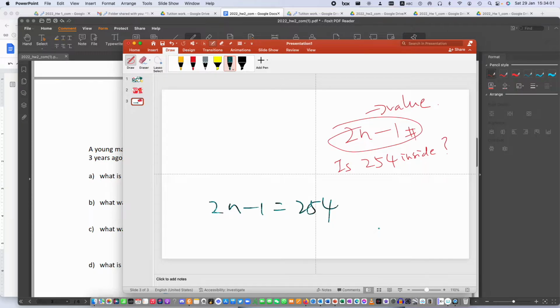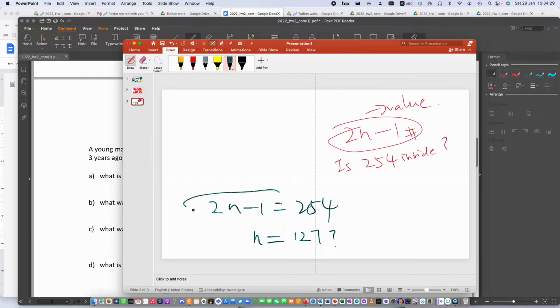So what's your n? Use your calculator to speed up. So your n equals 127.